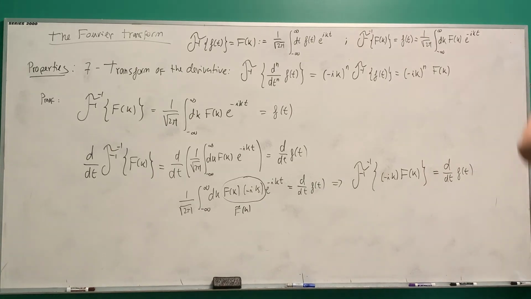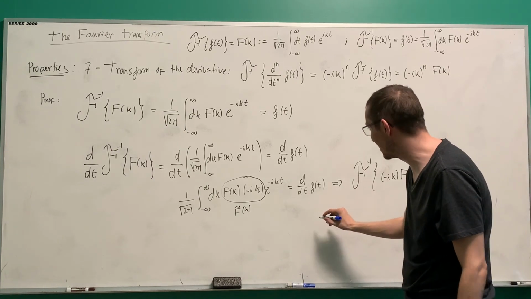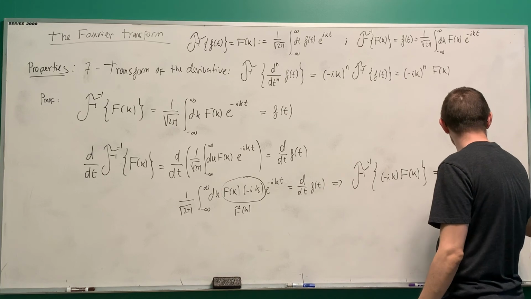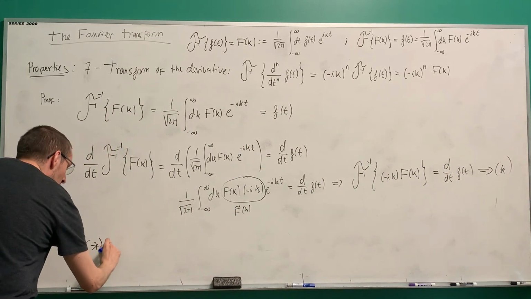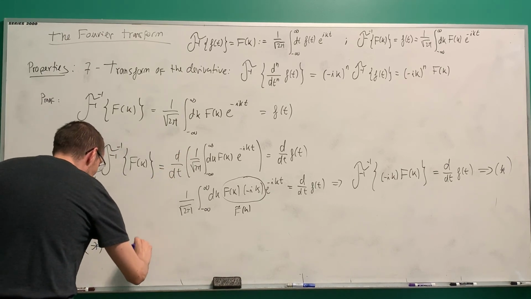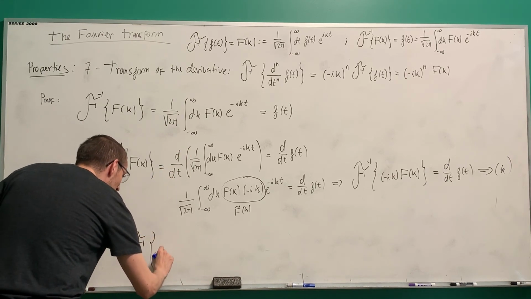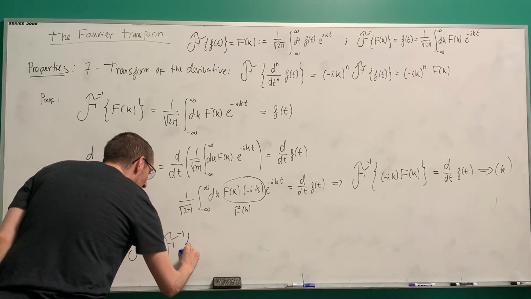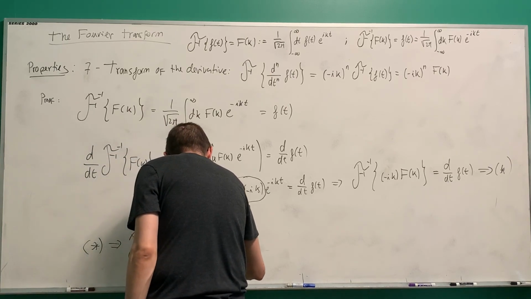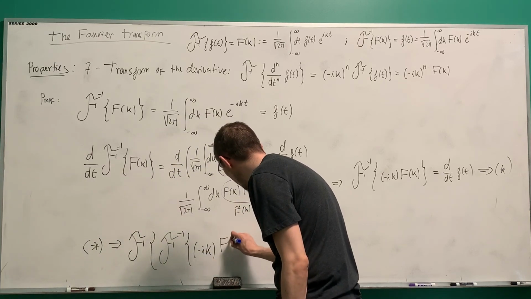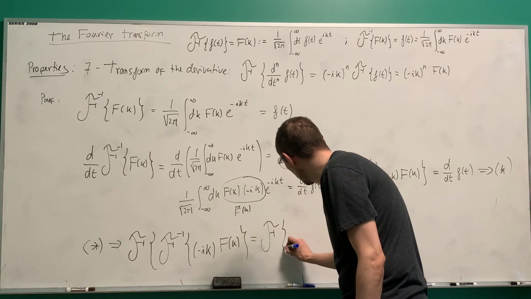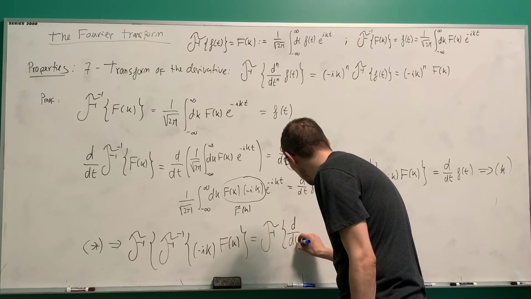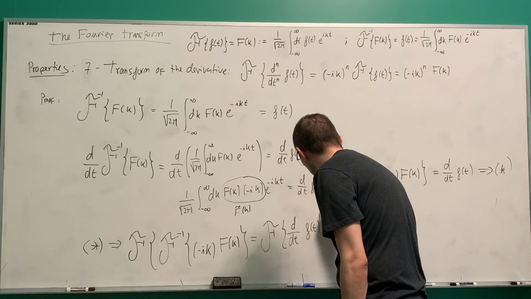All that I have to do is take the Fourier transform on both sides. If I take the Fourier transform on both sides, then you just write everything: F of F minus 1 of minus i k f of k equals the Fourier transform of the derivative with respect to t of f of t.